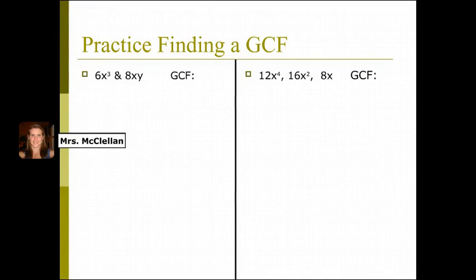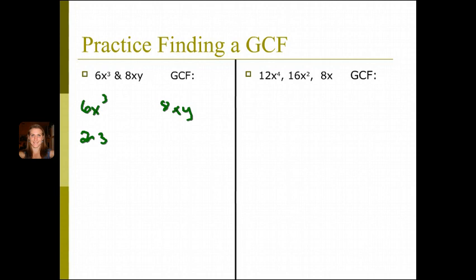Now let's practice finding the greatest common factor when we're given numbers and variables. First thing you'll want to do is compare the numbers. So we're going to take 6x cubed, and also going to compare 8xy. Well, the factors of 6 are 2 times 3.